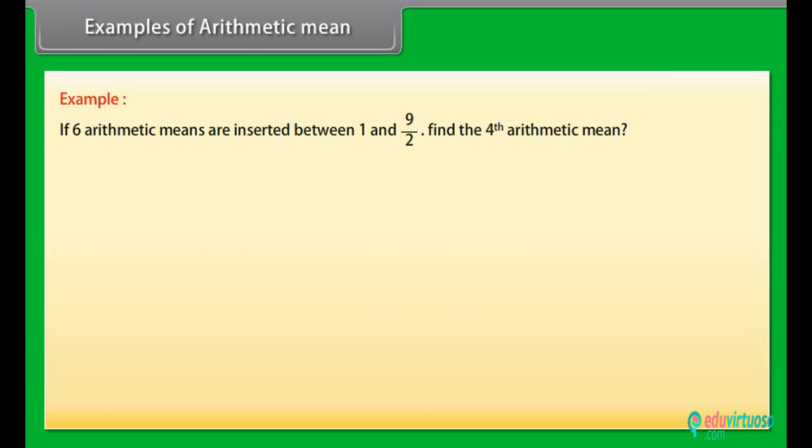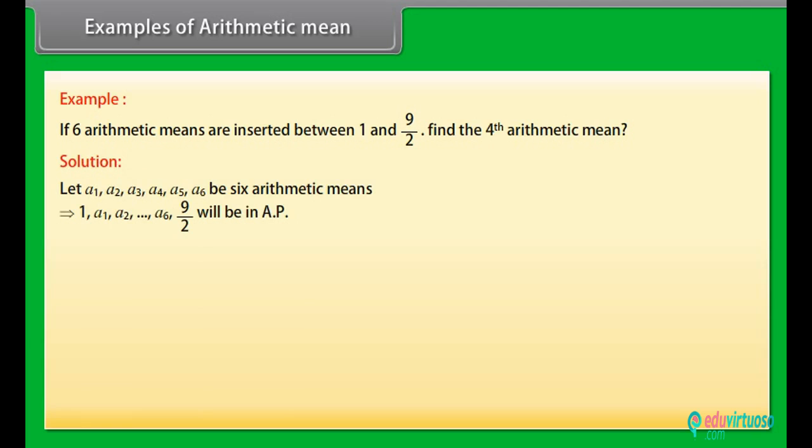Example of arithmetic mean. If 6 arithmetic means are inserted between 1 and 9 by 2, find the fourth arithmetic mean. Solution: let A1, A2, A3, A4, A5, A6 be 6 arithmetic means. It implies 1, A1, A2 up to A6, 9 by 2 will be in arithmetic progression.